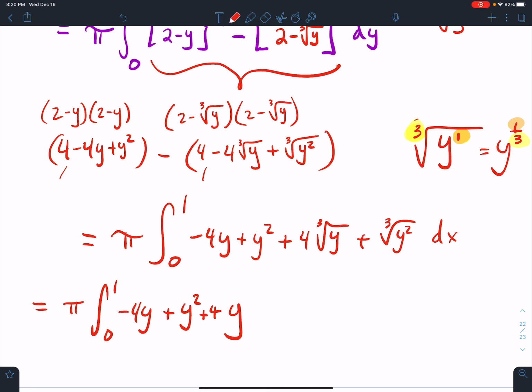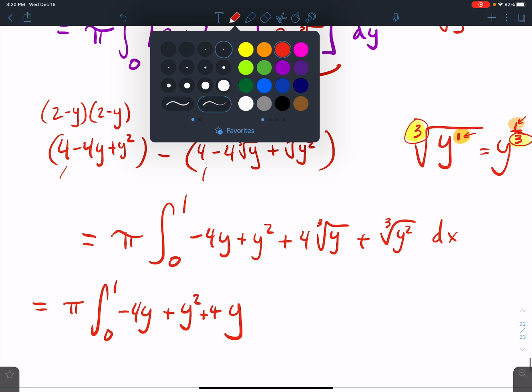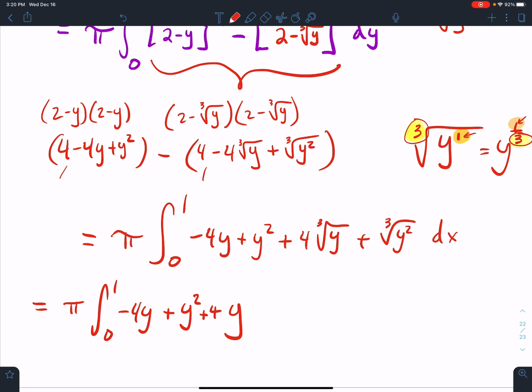So that means that this is y to the 1/3 and then plus y to the, try this one out, see if you can do it. Yep, it's 2/3.